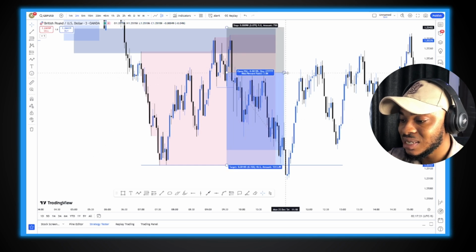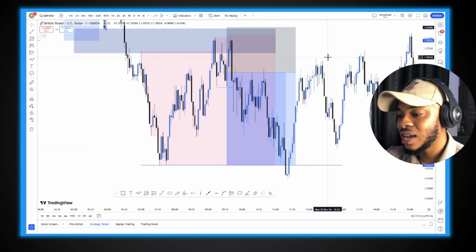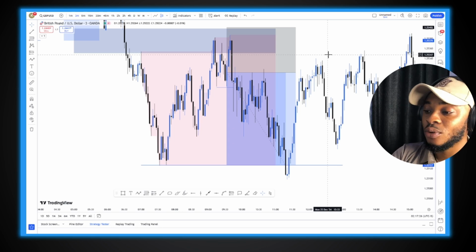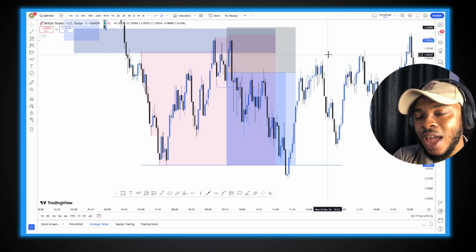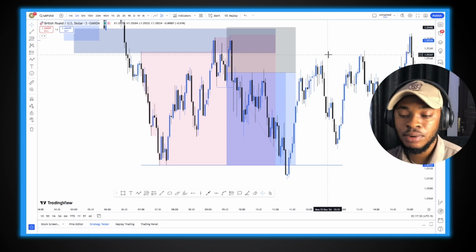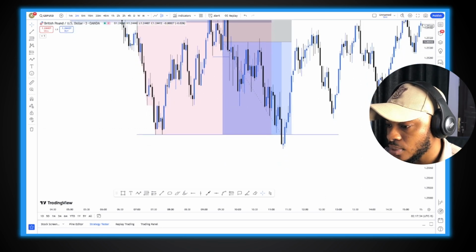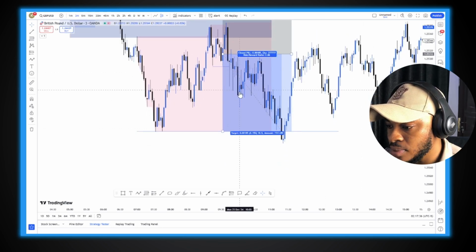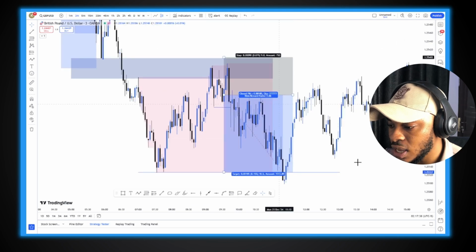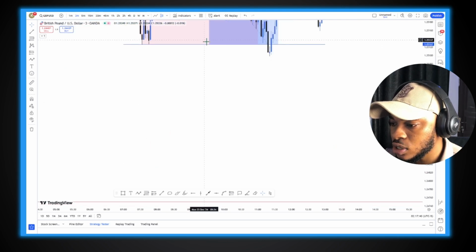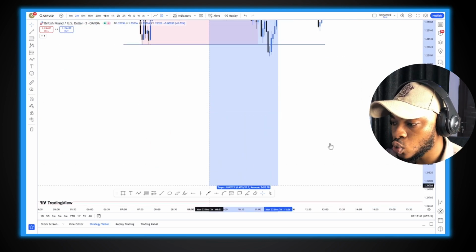Now, this is a hack that I've not seen any trader use. This hack will help you not miss out on trades, will give you your clean RR, and will help you not hold trade and price. You can imagine you entered based on when price closed bearish, maybe you entered here, you put your stop loss here, and you are expecting your TP to be down just to give you your 2R.